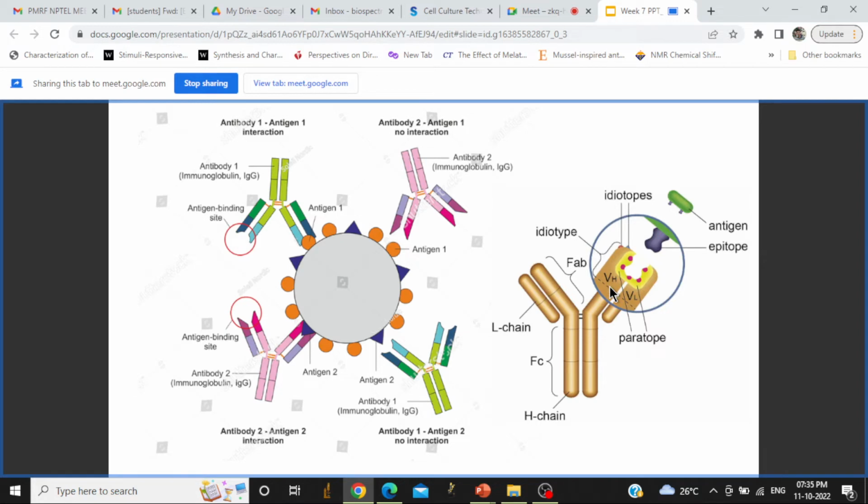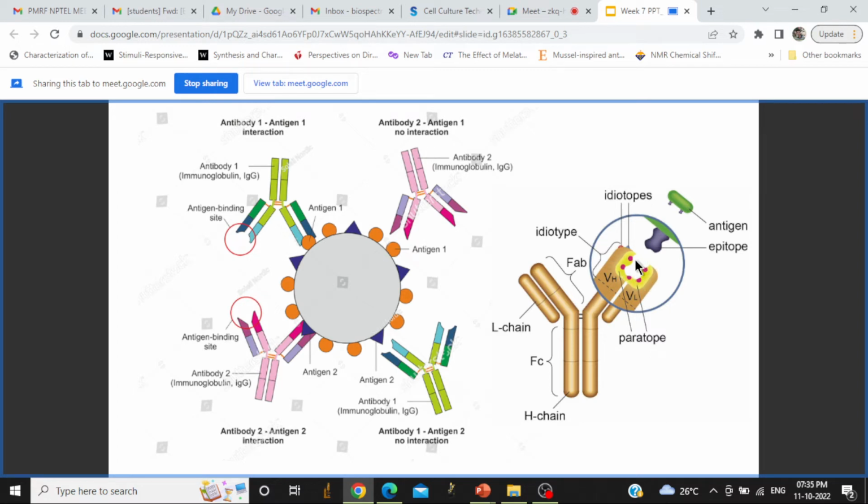So we can design antibodies for any type of antigen. When they are formed from the B cells, there is some molecular mechanism by which these antibodies are formed, and during the formation of these antibodies, these epitopes are shown to the antibody in the cell.